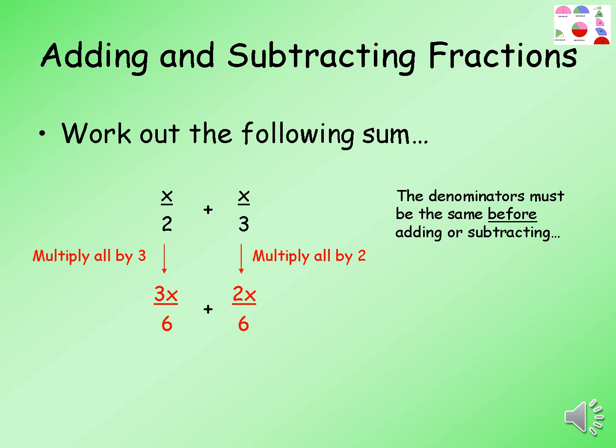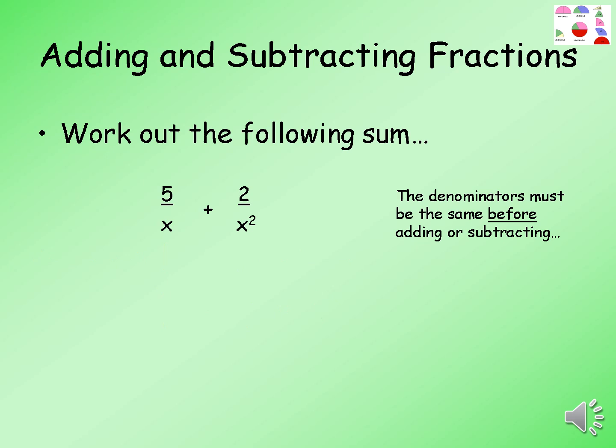So here we have two like terms, and they can be added. So 3 add 2 is 5. The answer is 5x over 6. Okay, so in this instance we have an x squared, and for those of you that know your algebra, that becomes the denominator, because x times x is x squared, so the right hand side stays the same.